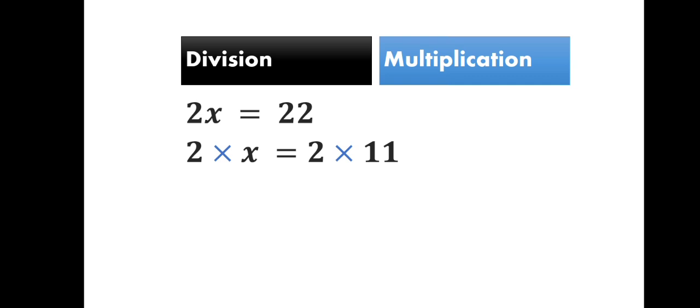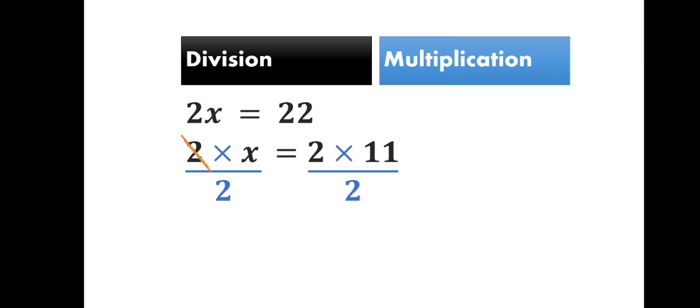For us to break the bond, we have to introduce the opposite of multiplication, which is division. That is why we divide both sides by 2, which is the coefficient. We introduce division to break the bond of multiplication between 2 and x and between 2 and 11.